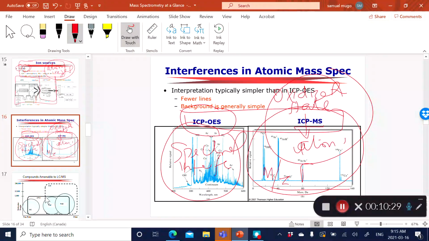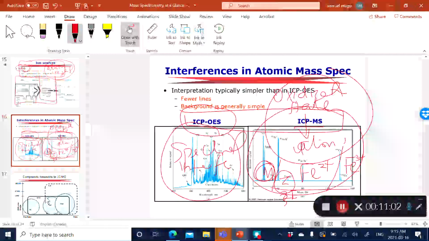Meaning, if I've got, say, iron 2 plus, the atomic mass of iron is known, and the charge of the ion is gonna be 2 plus, so when you take a ratio of that, that's what's gonna be on your x-axis. On the other hand, when you've got iron 3 plus, yes, the mass is the same, but the charge is different. It's going to be 3 plus. So again, on the x-axis, you're going to see a differential mass to charge of iron 2 plus compared to iron 3 plus, meaning you can actually differentiate between them.